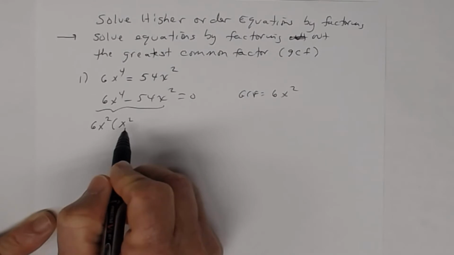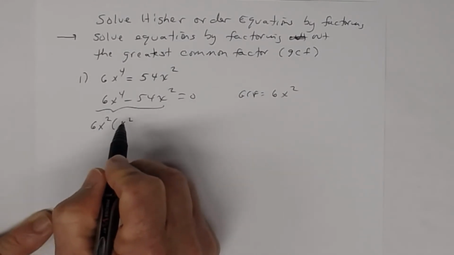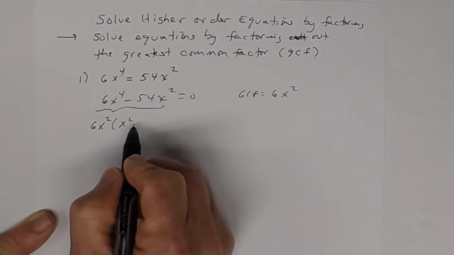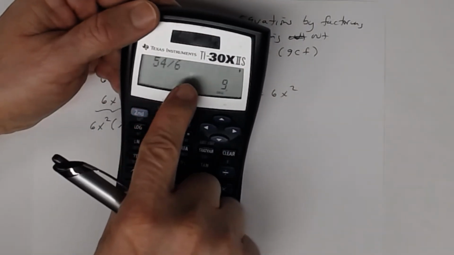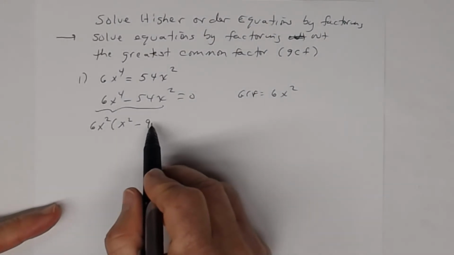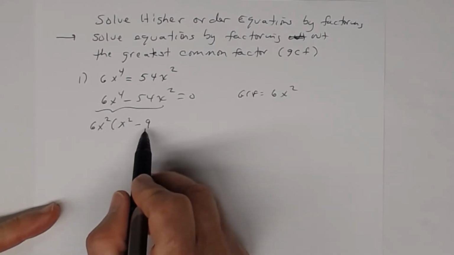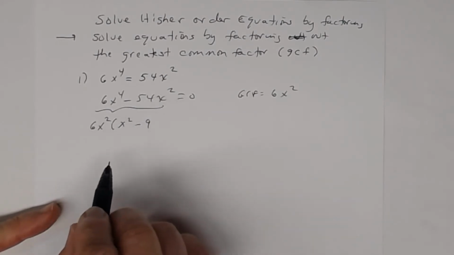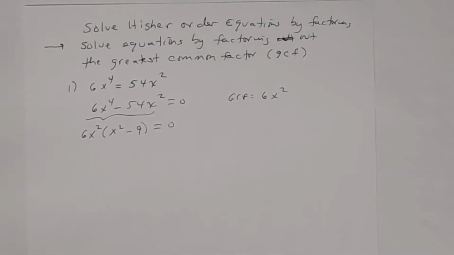And always check yourself. x squared times x squared is x to the fourth. 6x squared times x squared is 6x to the fourth. Minus, and then 6 times what is 54? So you say 54 divided by 6 is 9, so you get 9. You don't need any factors of x here because 6x squared times a negative 9 is a negative 54x squared. All right, so that was the next step. So that's where we're at, okay?